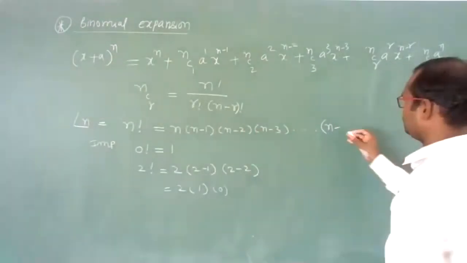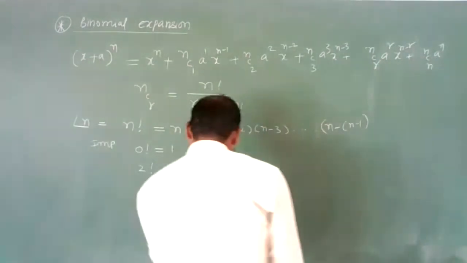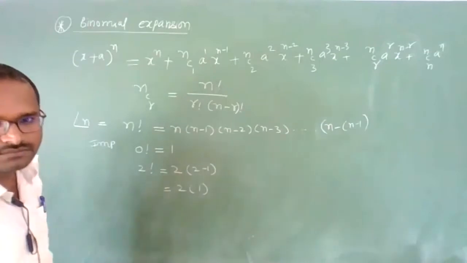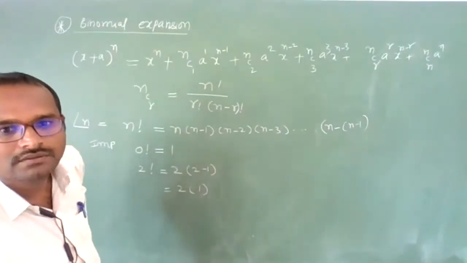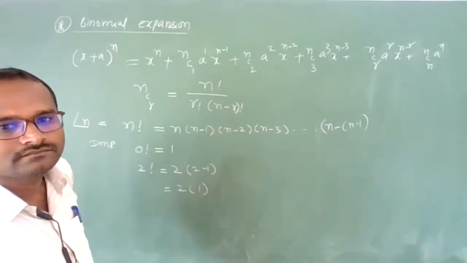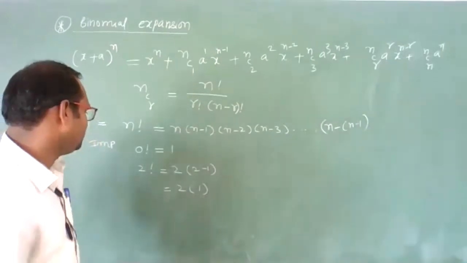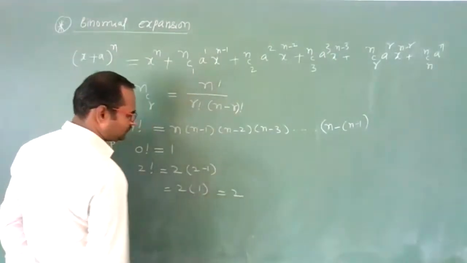You should take n into n minus 1 only up to here. Are you getting, students? It is 2.